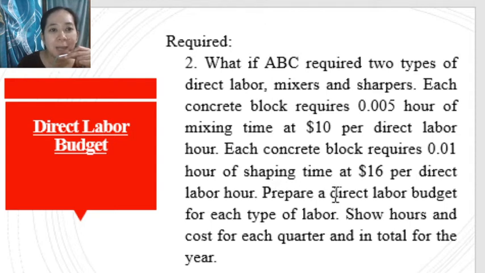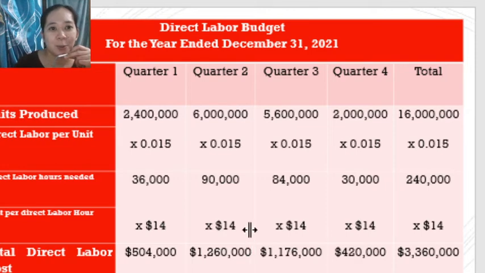Based on this information, we will prepare the direct labor budget for each type of labor. We will show the number of hours and the labor cost for each quarter and in total for the whole year.